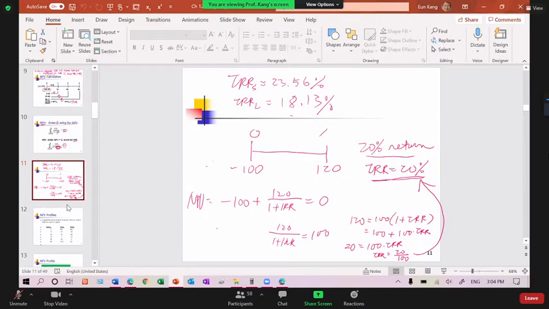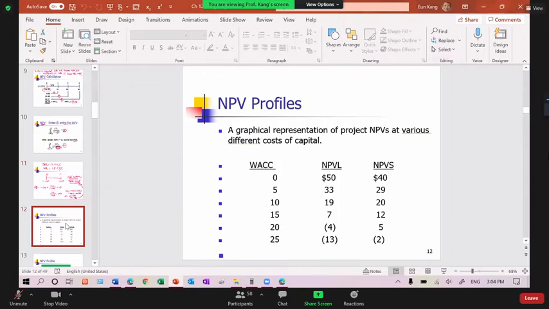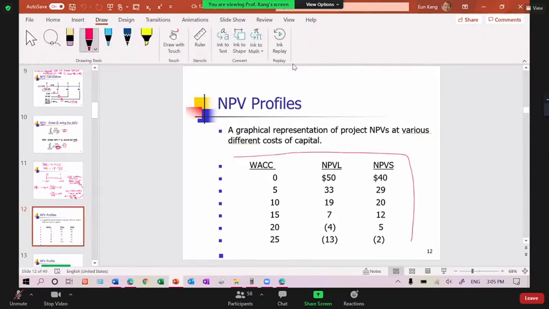But we have to think about net present value profiles. So let's say we draw net present value profiles, then what? You have to first set up the net present value table. This one is the net present value table, right?